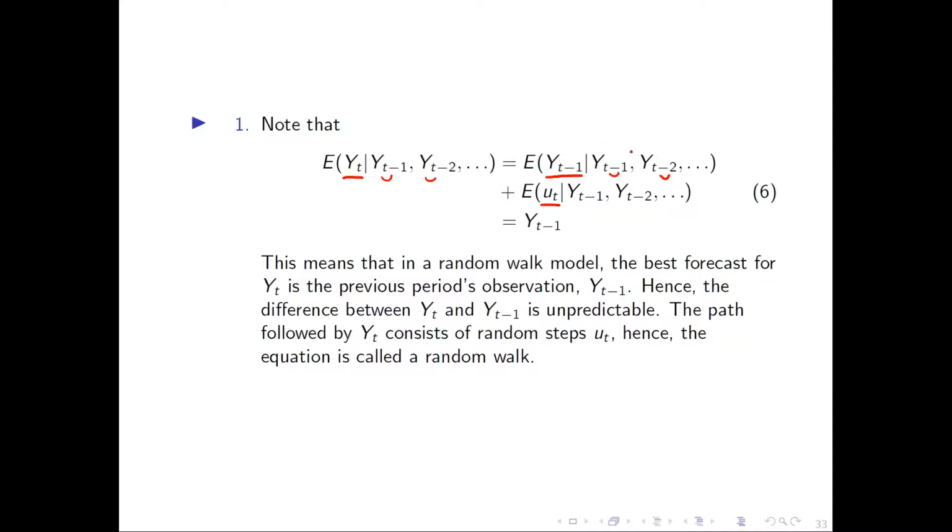And remember, or just note, that this expectation of yt minus 1 is given with the information of yt minus 1. Okay, so you already know the yt minus 1 value here.